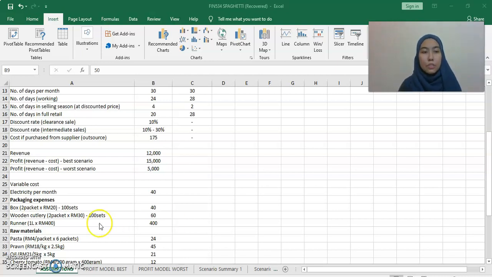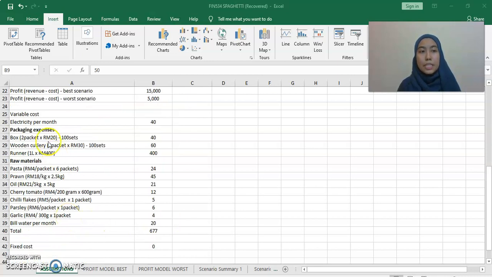The variable cost for this business is first electricity, the packaging expenses for the box and cutlery for every unit. The runner, only one runner and 400 ringgit, because I hire a runner only on weekend, and the raw materials such as pasta, prawn, oil, cherry tomato, chili flake, and parsley, garlic.